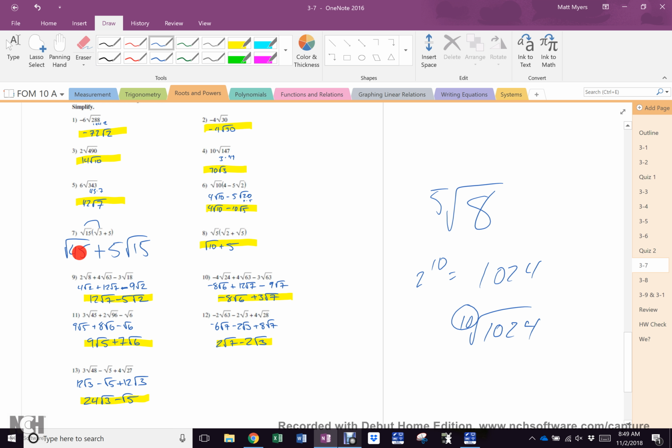Now that simplifies. 9 times 5. What's the square root of 9? 3, so out comes a 3, and I left a 5 under there. 3 root 5 plus 5 root 15. Can't add them together because that is x and that's y. So the answer is what then? The answer is 3 root 5 plus 5 root 15.